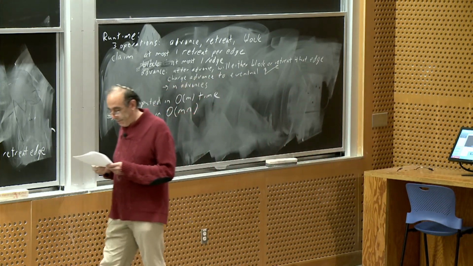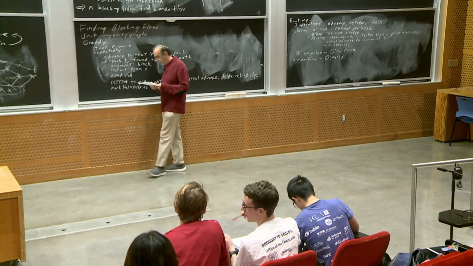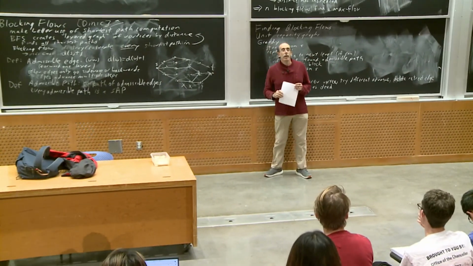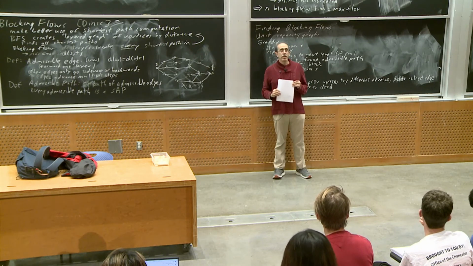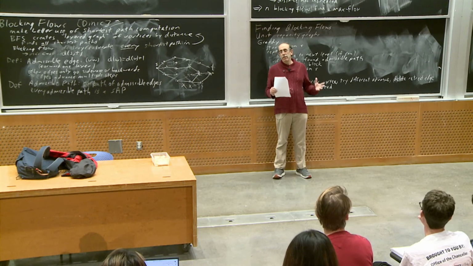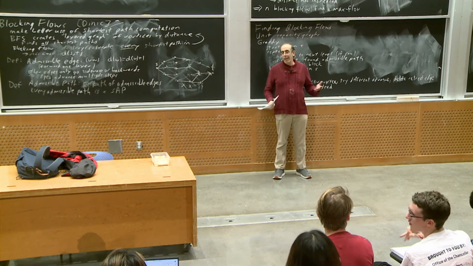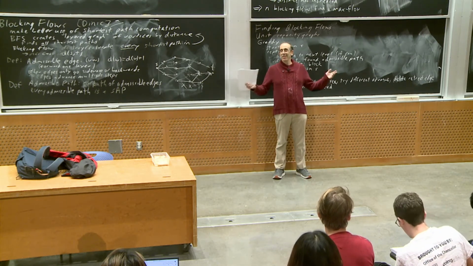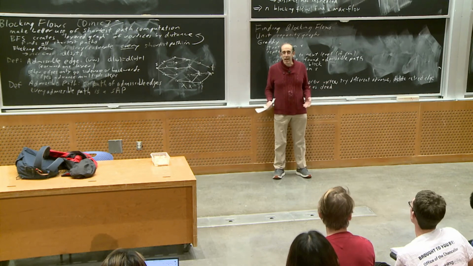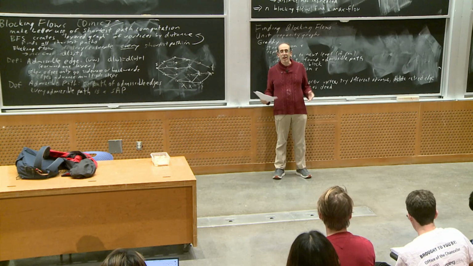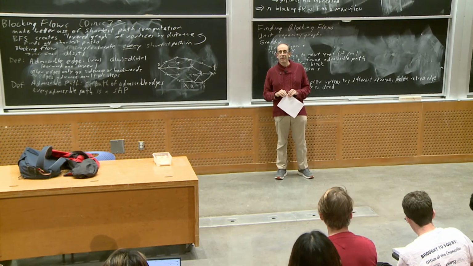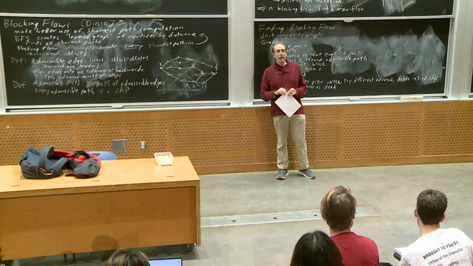Okay. Is that progress? Well, when we were looking at unit capacity graphs in the beginning, plain augmenting paths runs in order Mn time in unit capacity graphs, right? So have we gained anything this way?